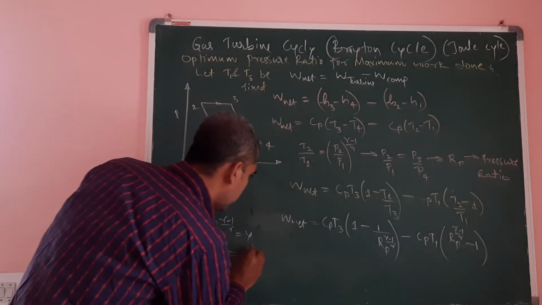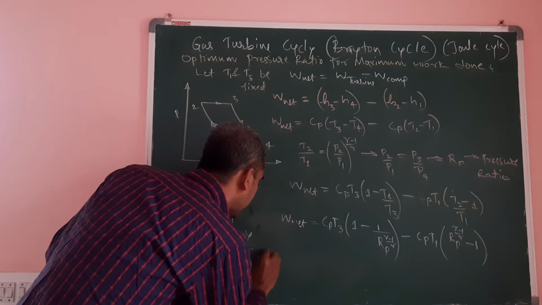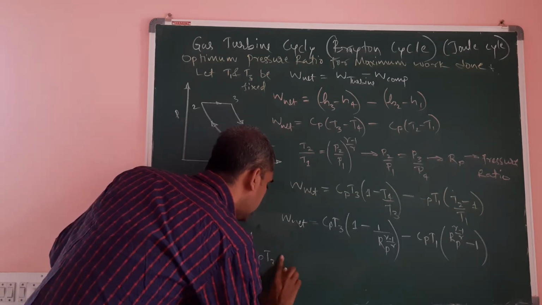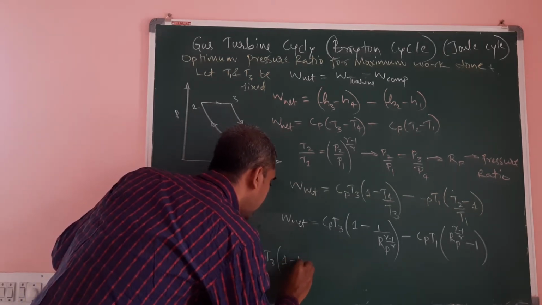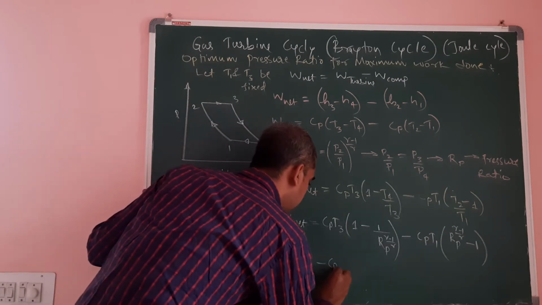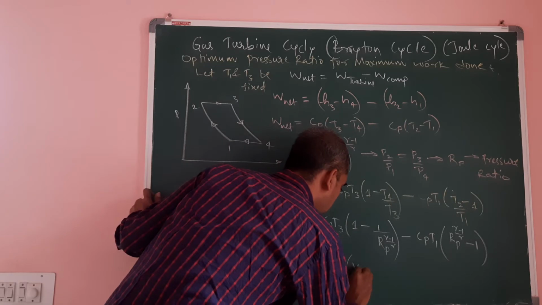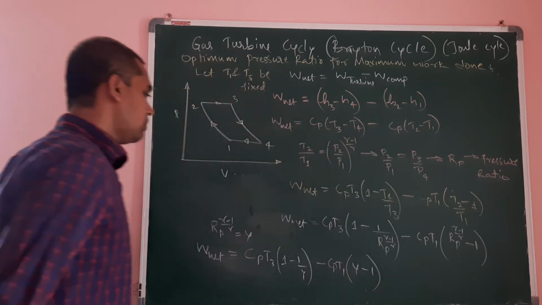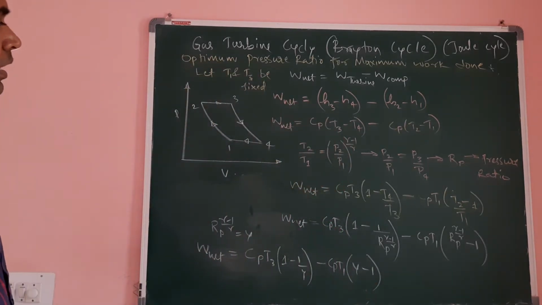Therefore, W net is equal to Cp into T3 into bracket 1 minus 1 divided by Y, minus of Cp into T1 into Y minus 1. Okay.